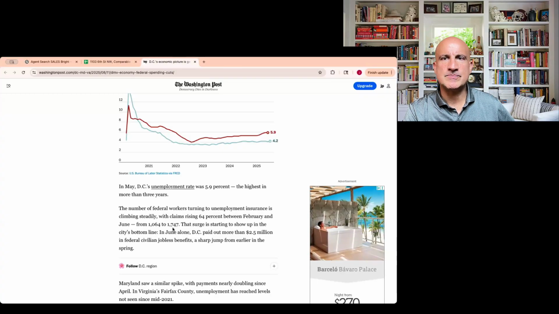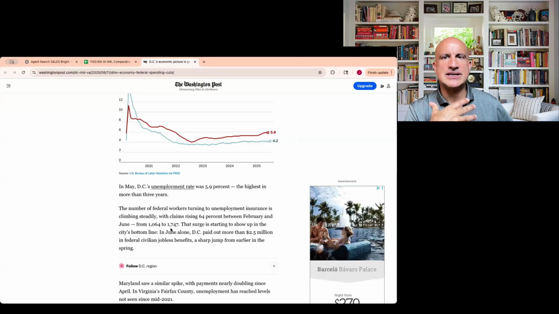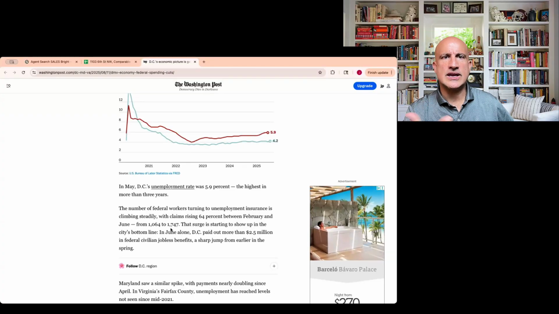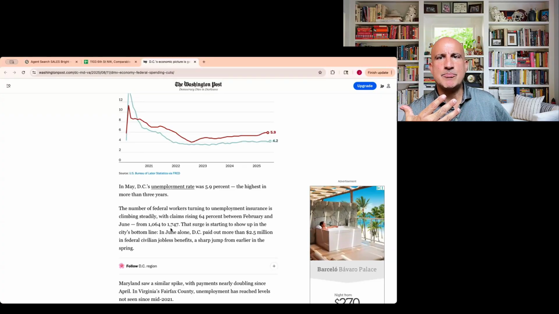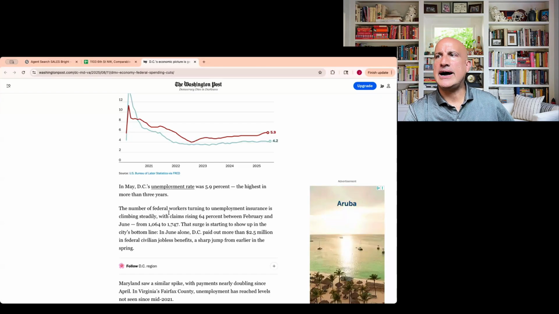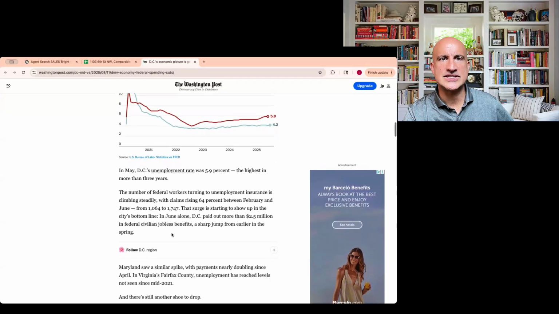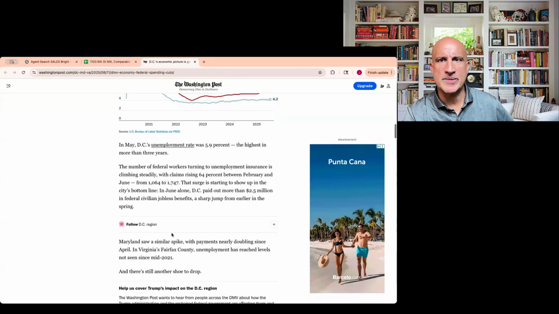From a real estate perspective, 700 people in the district, in a population of 650,000, is just not a lot. So this statistic in and of itself, I don't think significantly affects the real estate market. That's kind of what I'm getting at.